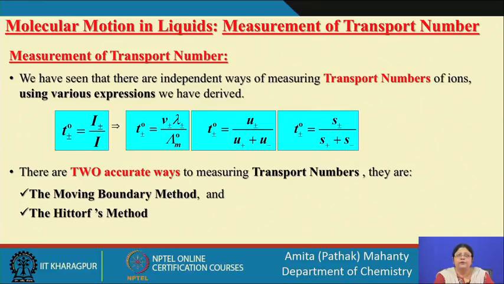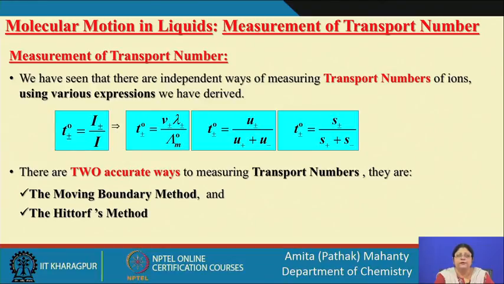We have talked about how to go about the measurements of the transport number for an electrolyte system. In the previous lecture, lecture 24, we discussed the moving boundary method. In today's lecture, we are going to take up another method. In fact, this was the method which we began with to find out the transport number.